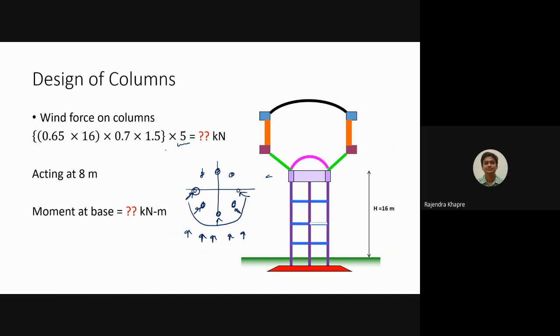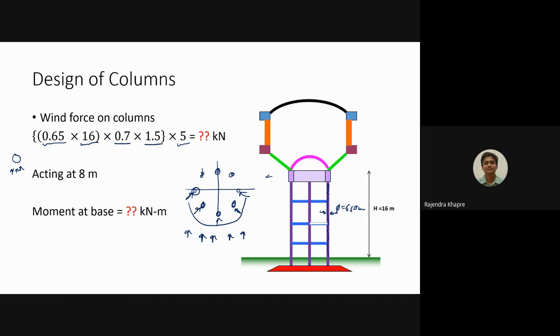If you take only one column, only this much area is exposed. It's a 16-meter column, so we have the height of the column as 16 meter, and this width is nothing but the diameter. So diameter is 650 mm. I'm going for a simple rectangle of 650 mm. The column shape is circular and the wind pressure is acting like this, so we go for a multiplication factor of 0.57, and the intensity is 1.5.